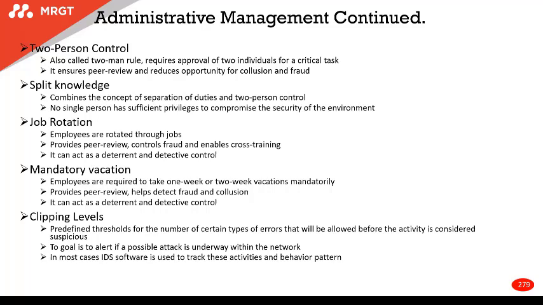Maybe manager 1 knows password part 1, and manager 2 knows password part 2. So a particular function is only carried out if these two people are available at the time, like two-person control, and apart from that, these two passwords should be entered at the same time to carry out that function. Job rotation is about fraud detection.